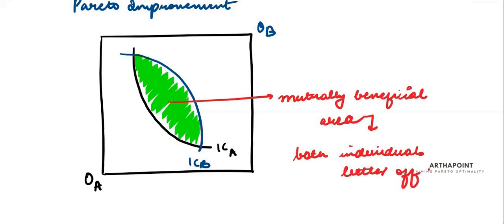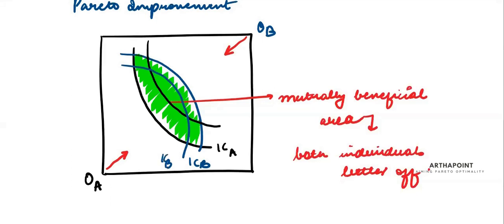How? Just think this. The more away I am from the origin, the better it is for individual B. The more away individual A is from the origin, the better it is. Individual A can go further away from his origin within this lens area. Individual B can also go further away from his origin in this lens area.